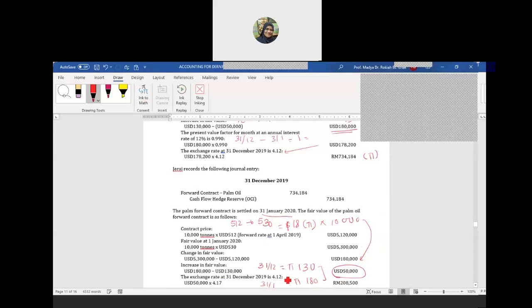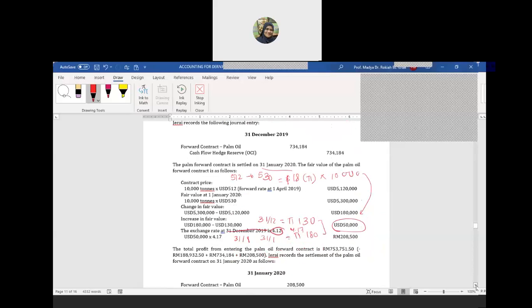So this 50 needs to be times the exchange rate, not on 31st December, this one should be changed to 31st of January. The exchange rate here is 4 ringgit and 70 cents. So you're going to have 208,500.